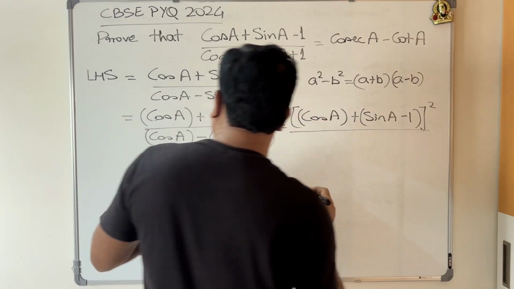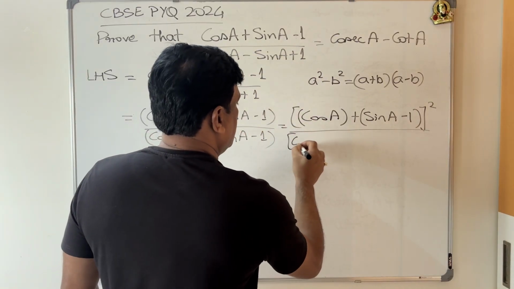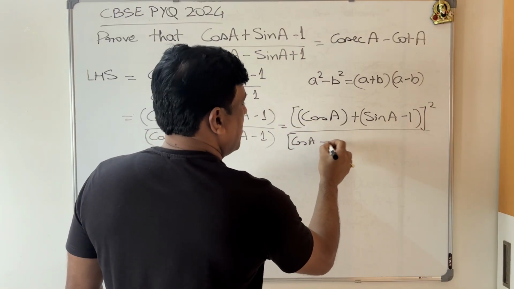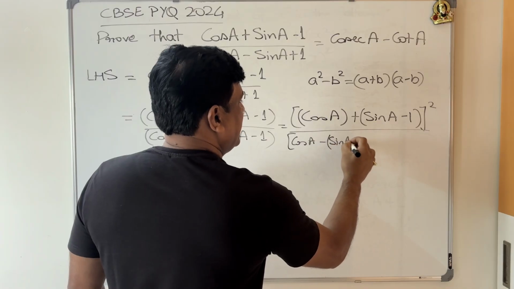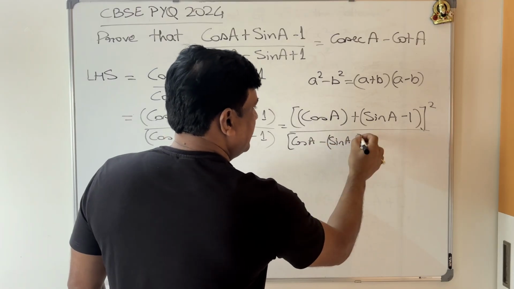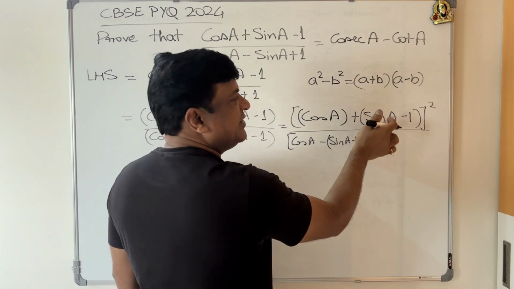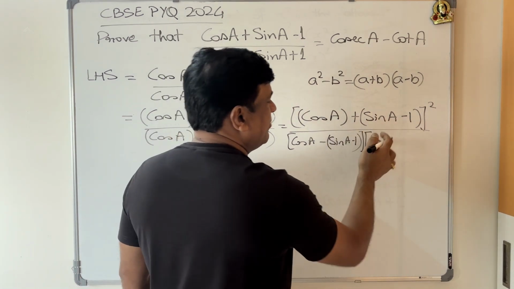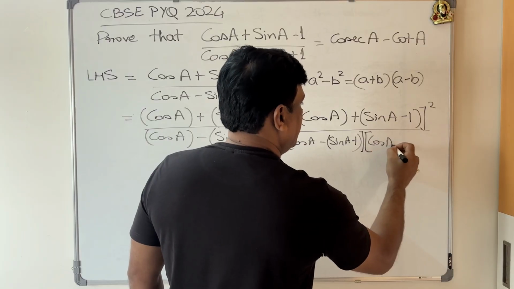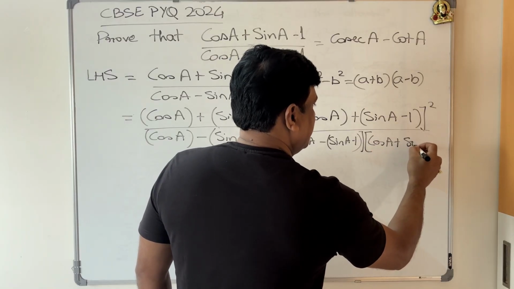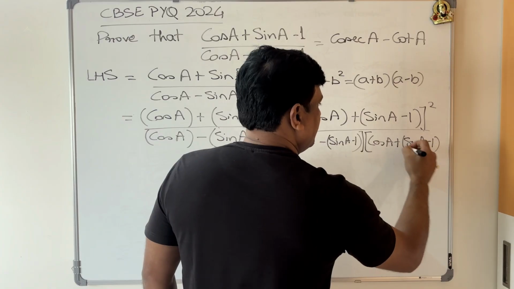So this will become cos A minus sin A minus 1. This is what I have. I'm going to multiply it with the same, because I multiplied it in the numerator, I'm going to do the same in the denominator as well, plus sin A minus 1.